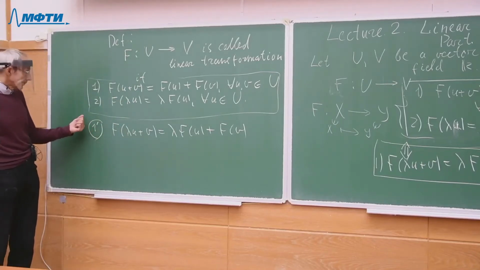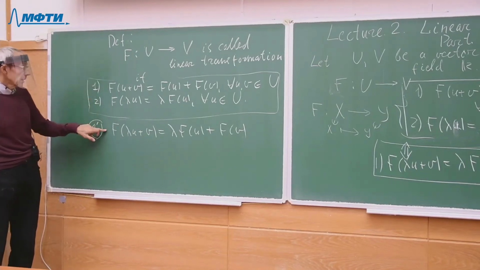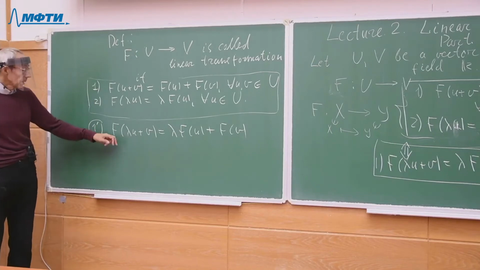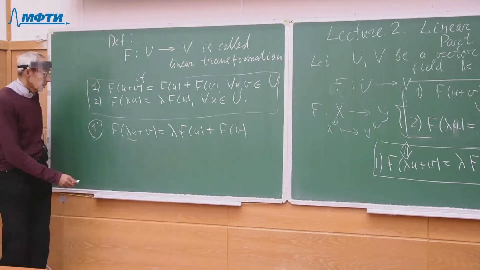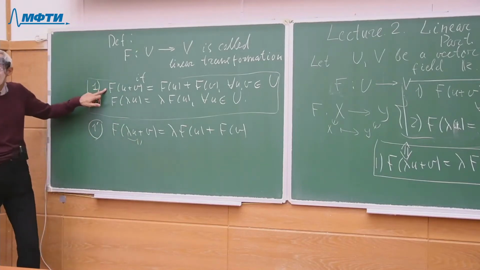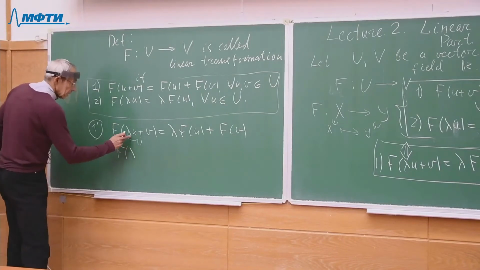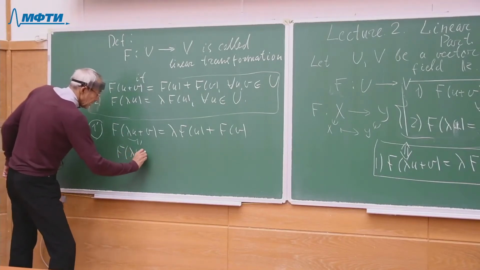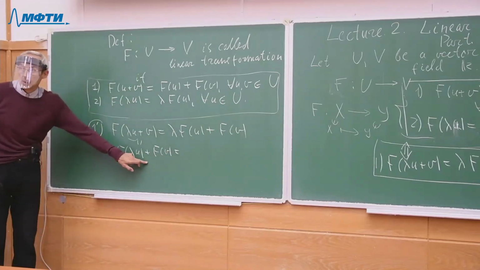But if we have these two properties, it is easy to obtain this property. Take some vectors u1 and so on, and we can use the first property and obtain that this term is equal to the sum of these ones.